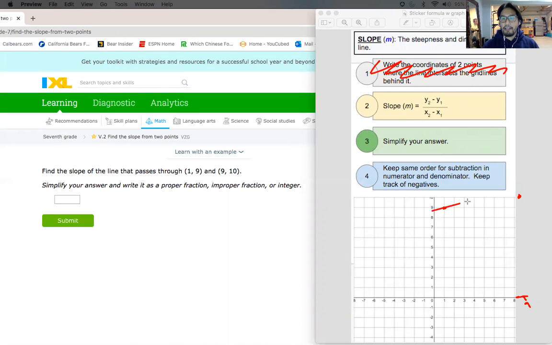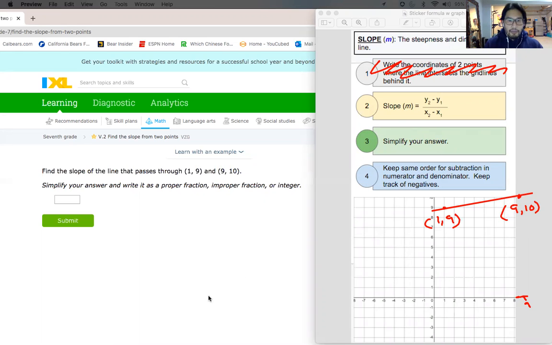So if we put a line here like this, boom, that line goes through those 2 points. So we need to figure out the slope of this line using the 2 points that we have, (1, 9) and (9, 10), okay?